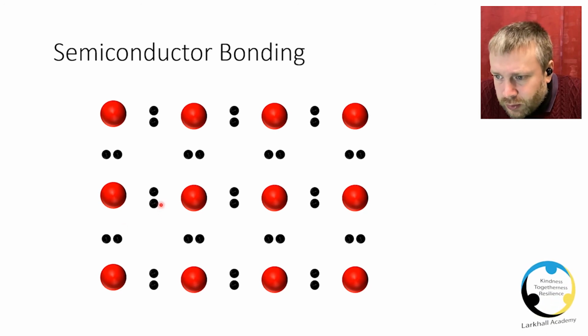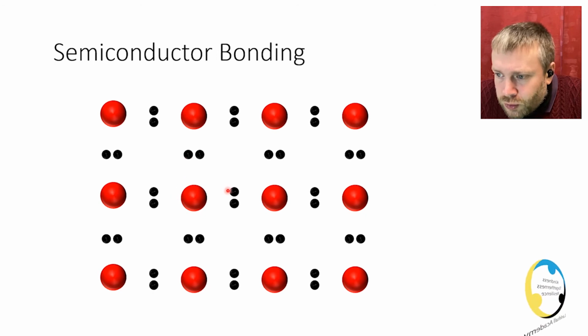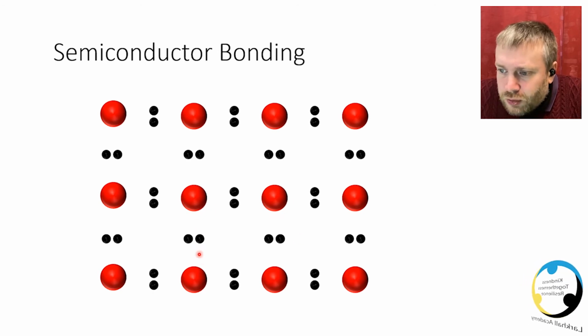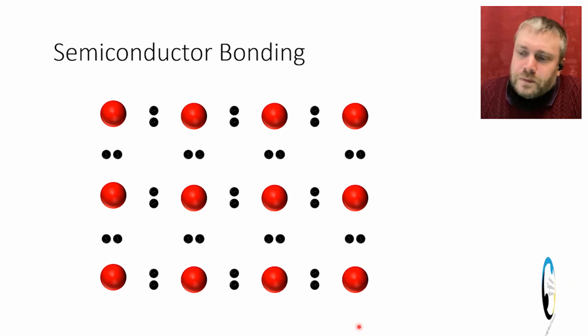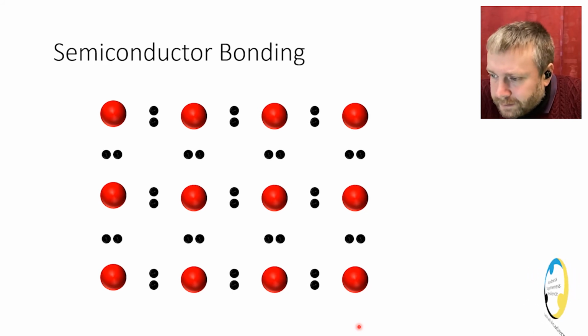For our valence band, we're going to want 4 electrons in our outer band. So we've got 1, 2, 3, 4, which will belong to this atom. Then the other ones here, this one would belong to this atom, this would belong to here, this one would belong to this atom, and this one would belong to this atom here. Okay, so that's why we've got 2 here. And this is how the atoms essentially are bonding.